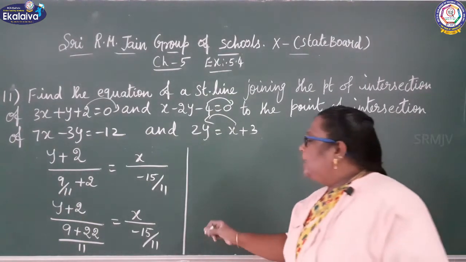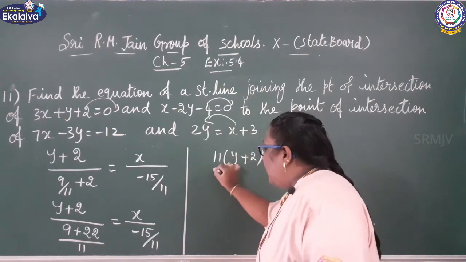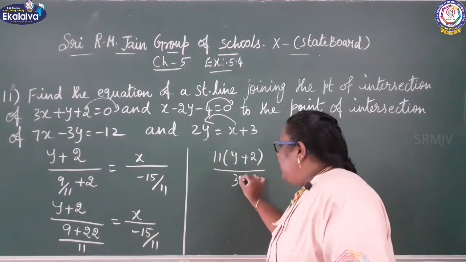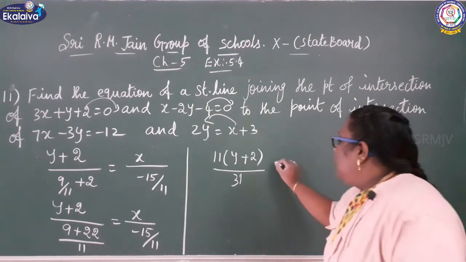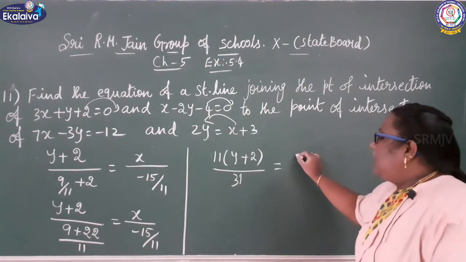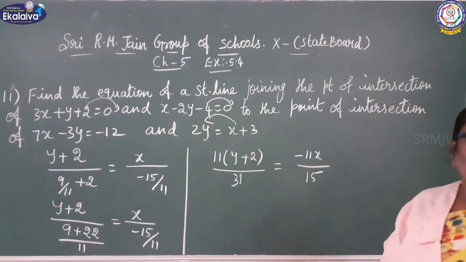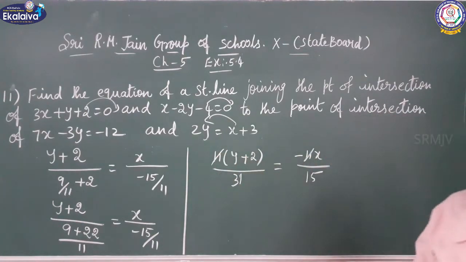Reciprocal that value: 11 into y plus 2 by 22 plus 9, which is 31, equal to minus 11x by 15. The 11 gets cancelled.